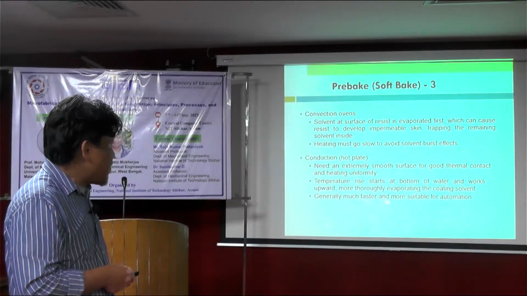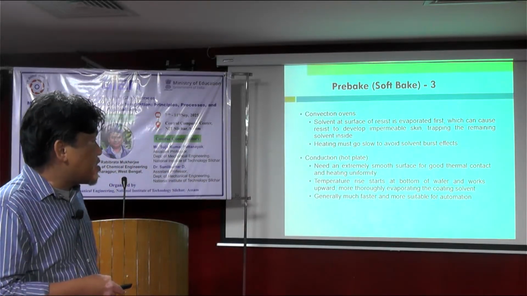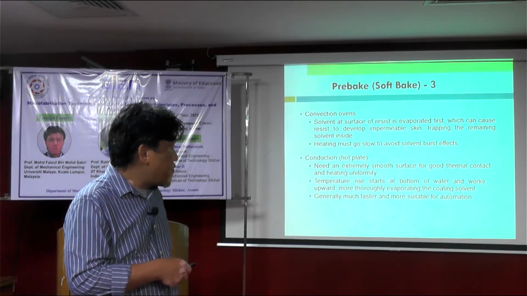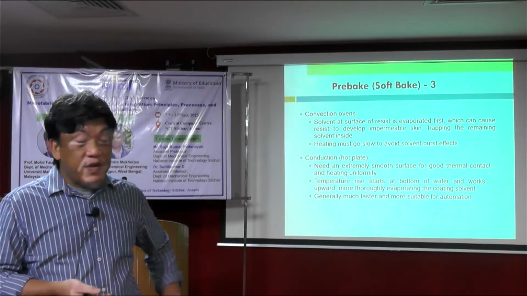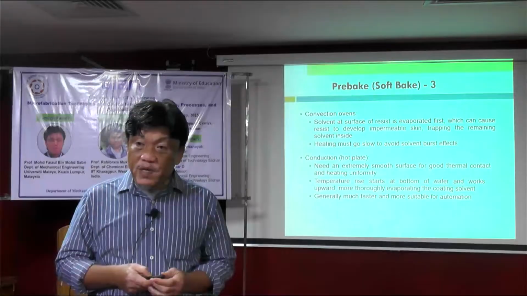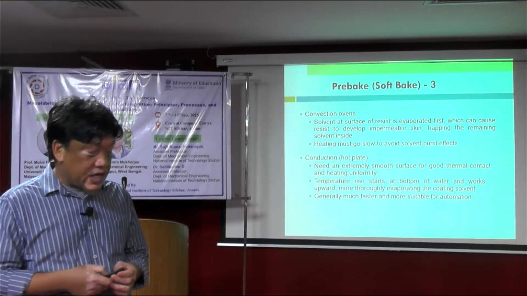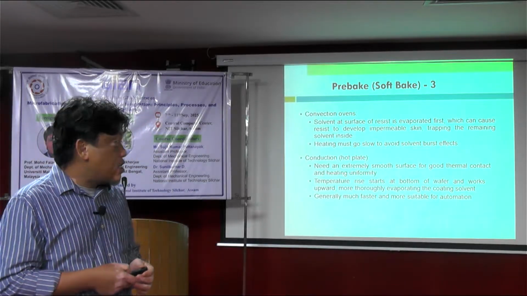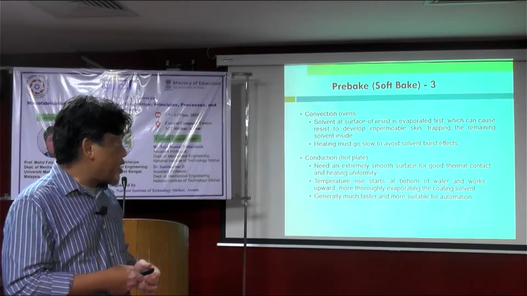And generally much faster and more suitable for automation. So as shown before, it's only a few seconds, 45 seconds for example. So that is a faster process than the 30 minutes or 20 minutes process for the pre-bake.